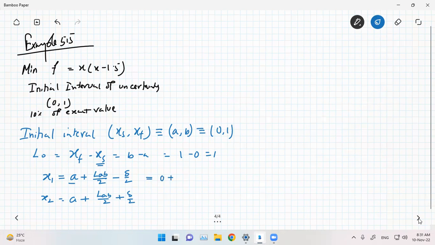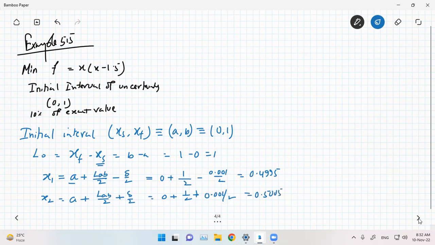In the first case, LAB and L0 are the same thing, so it will be 1 by 2, then minus 0.001 by 2, and 0 plus half plus 0.001 by 2. So ultimately it will be 0.4995 and 0.5005.